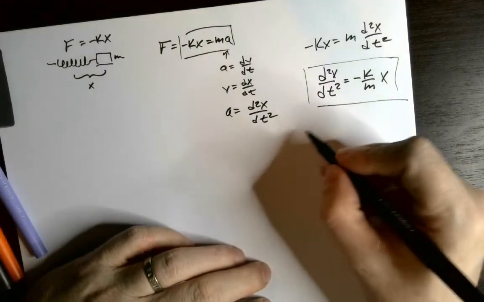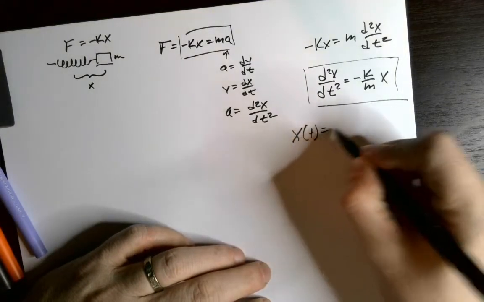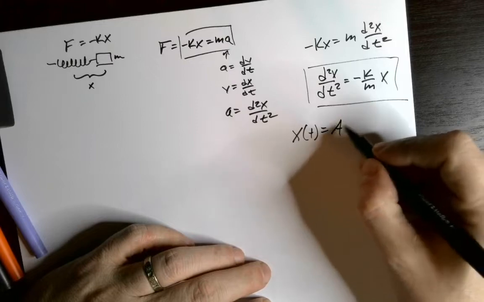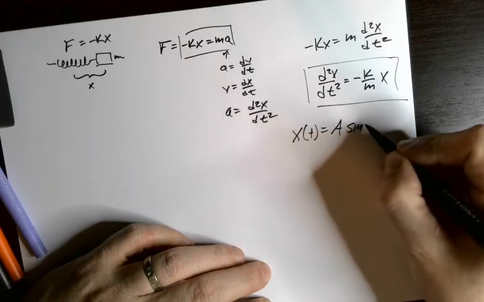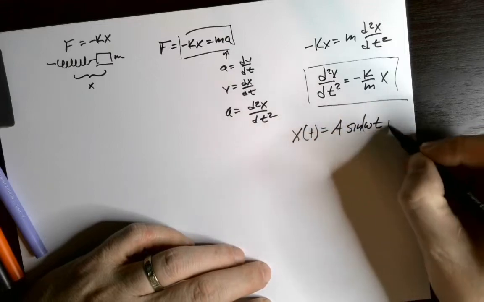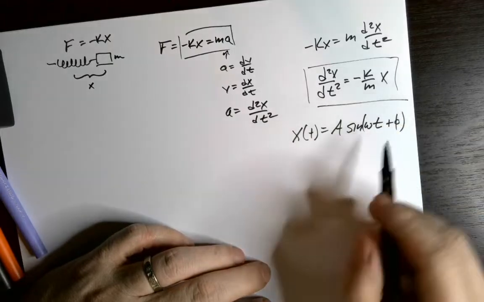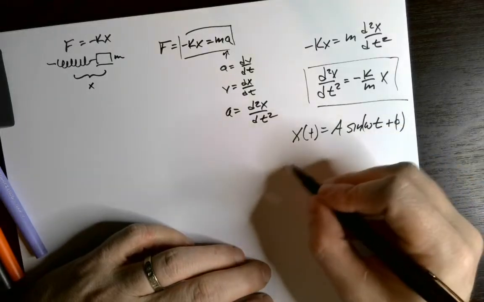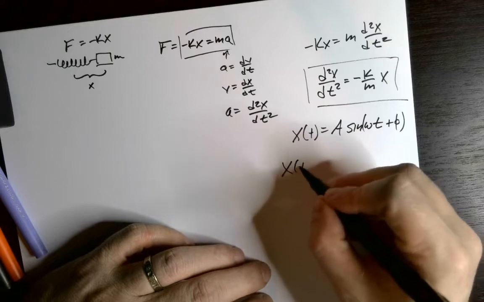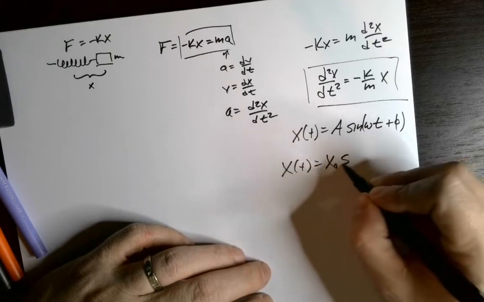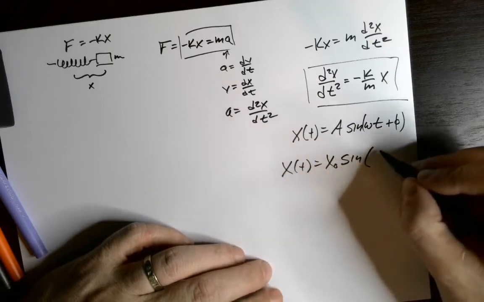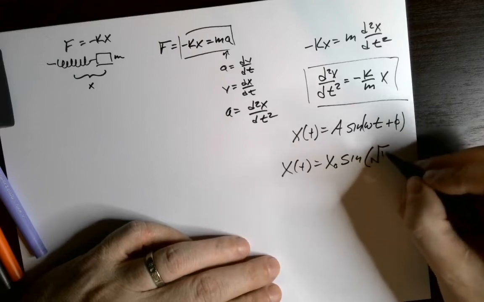And the solution to this is that x as a function of t is some amplitude, A or x0, times the sine of omega t plus some phase angle. Or you can always set that phase angle to equal 0, so x equals x0 sine omega t, where omega is, remember, square root k over m.